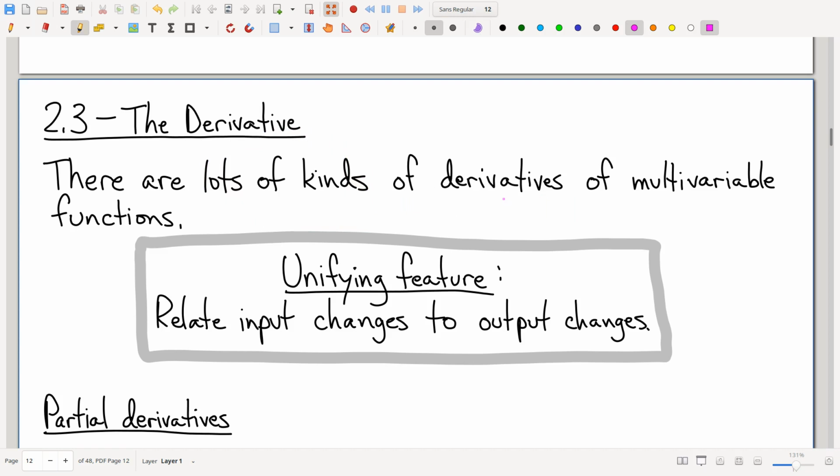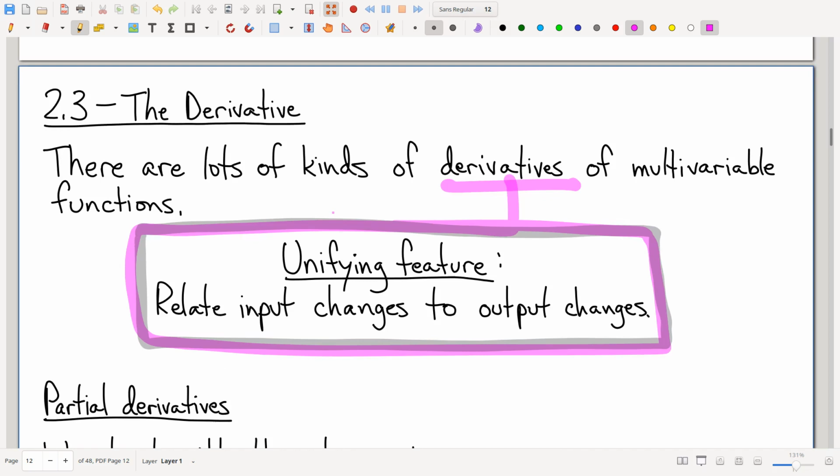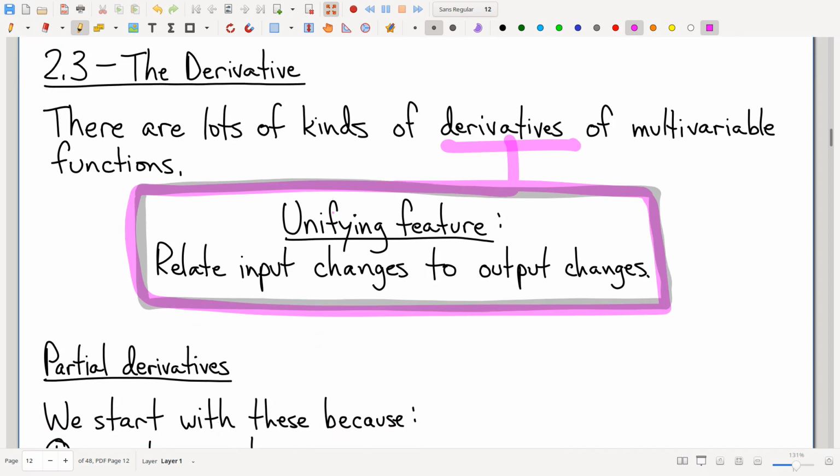We're going to have different little modifiers on there. So the reason that we use a single word to connect them is because they all have something in common. All of the derivatives we're going to talk about in this course, in some way or another, they all relate input changes to output changes.